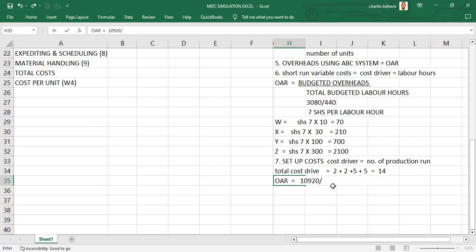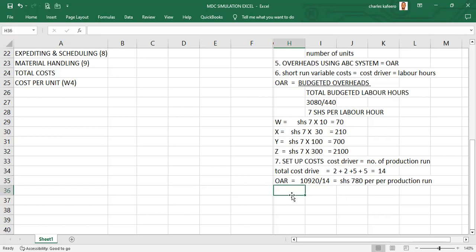We divided that by 14, and this will give us 780 shillings per production run, because we divided by the number of production runs. Permit me to use PDN to mean production run.